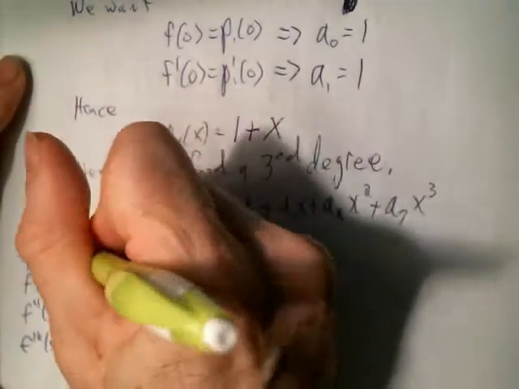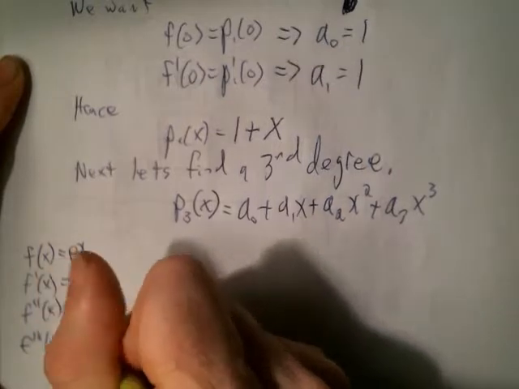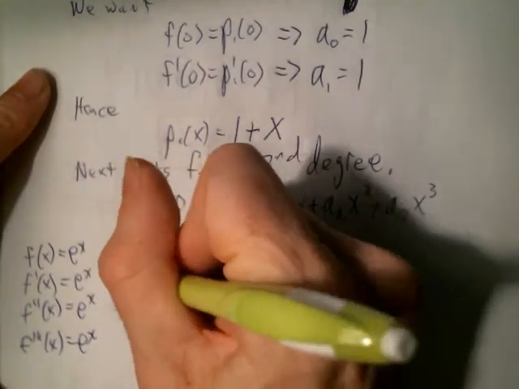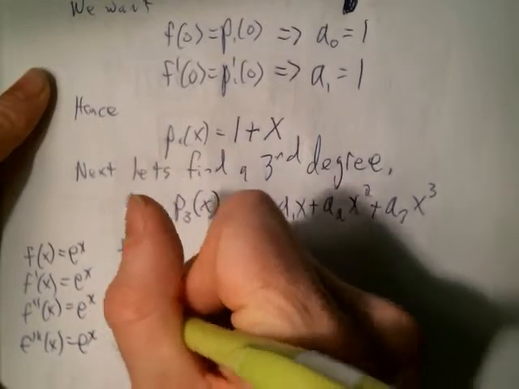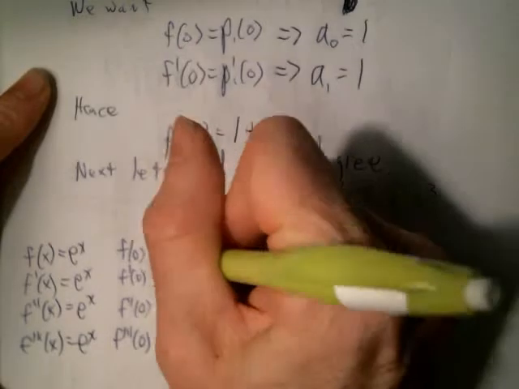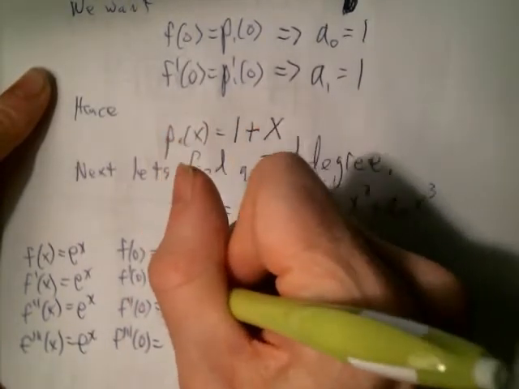We've picked a very easy function to work with, so this is always e to the x. And then I need to evaluate these at 0, and they're always going to be 1.